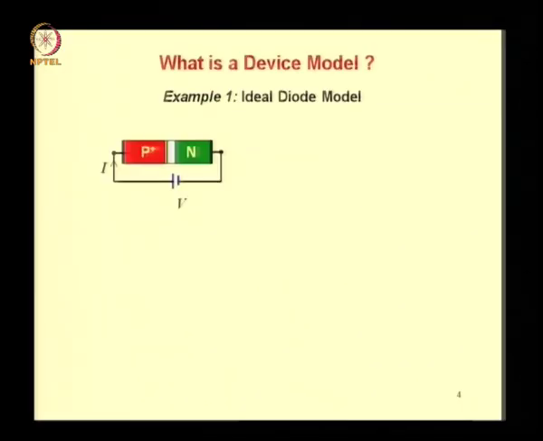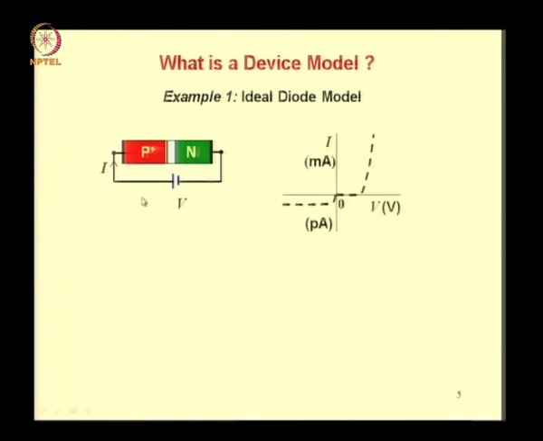What is this model? Let us look at the static model. You apply a voltage V to the diode and as a result you have a current I. This is the plot of the DC current I as a function of voltage.